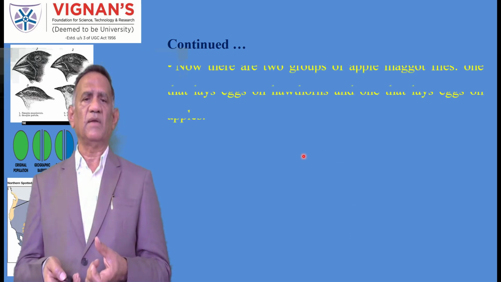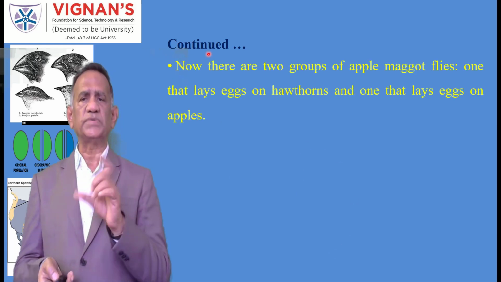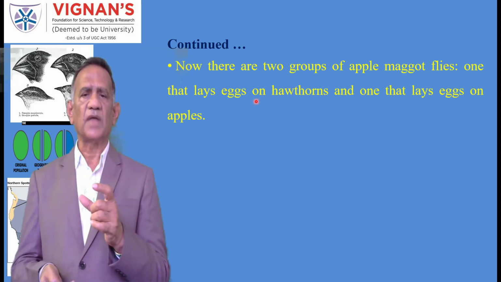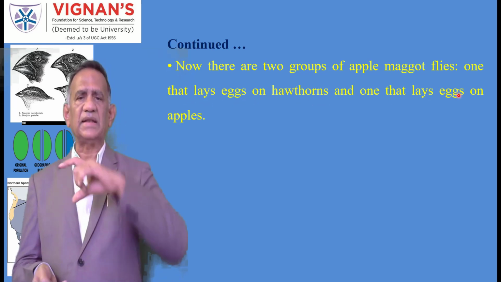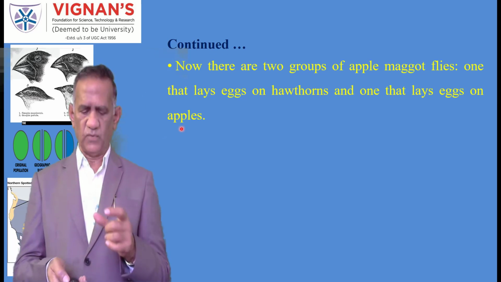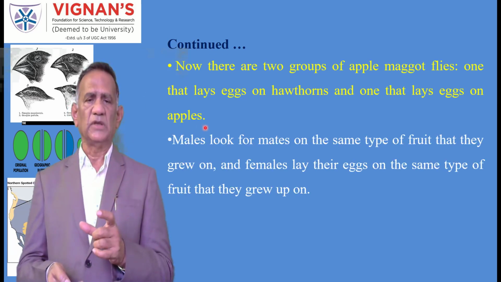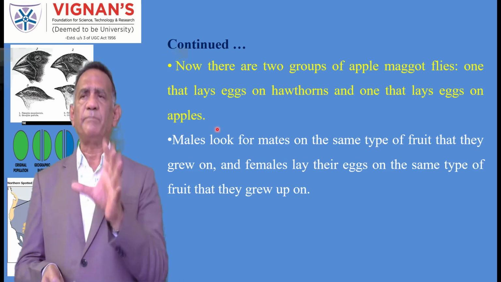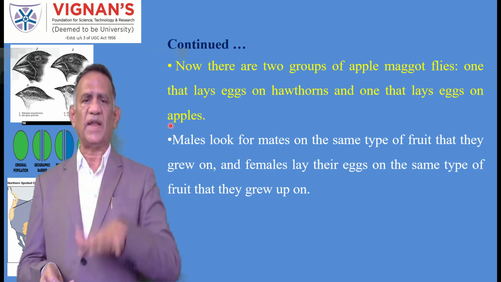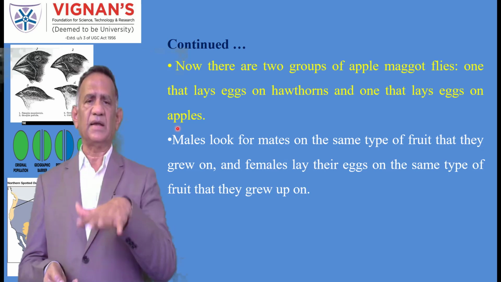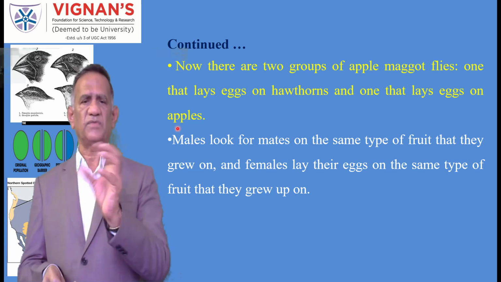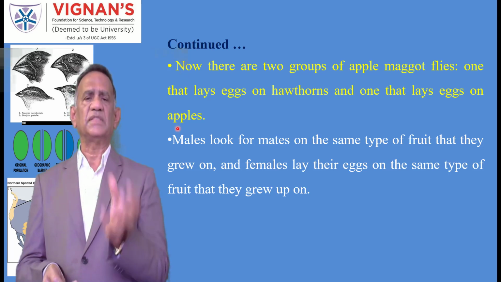Now there are two groups of apple maggot flies: one that lays eggs on hawthorn and another that lays eggs on apple fruits. Even in nature there are ripened fruits. The ripened fruits constitute the substratum for the flies to lay their eggs, because the eggs develop into the maggot, and the maggot requires some sort of semi-liquid environment to grow.